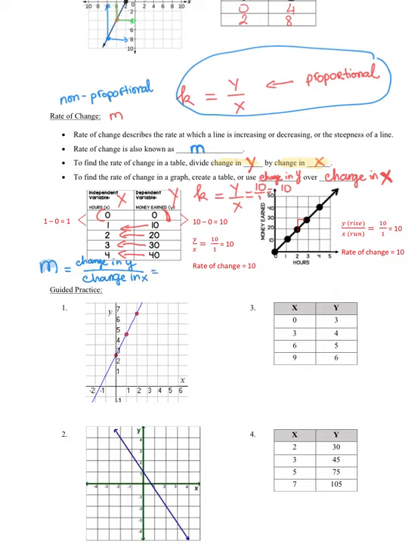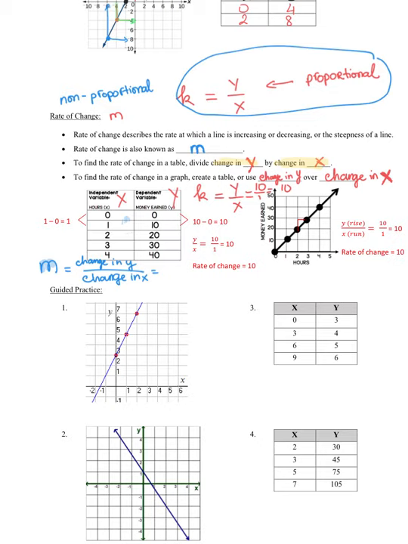Change in y means we're going to find the difference of the y. Okay, change in y.